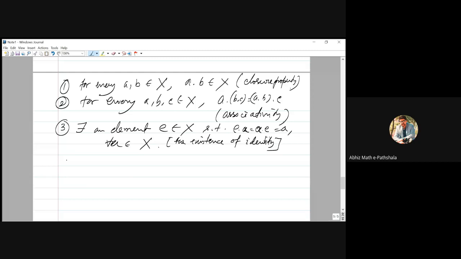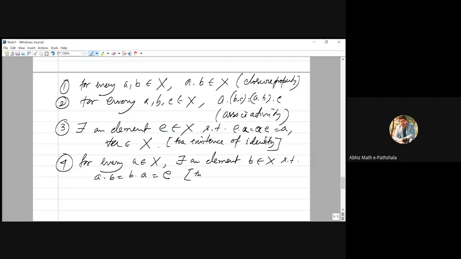And number 4, for every a belongs to x, there exists an element b belongs to x such that a dot b equals b dot a equals e, and it is called the existence of inverse, right?